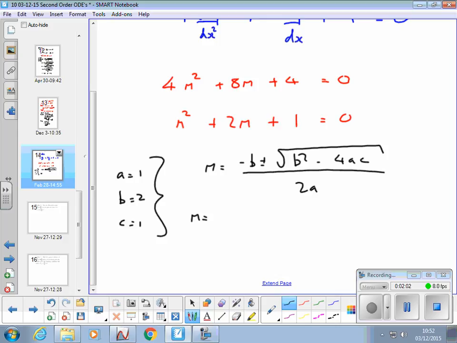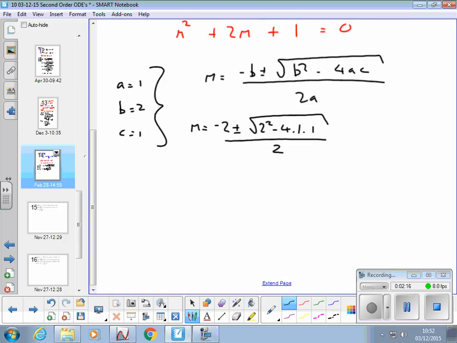So minus 2 plus or minus the square root of 2 squared minus 4 times 1 times 1, all over 2. The square root of 0.